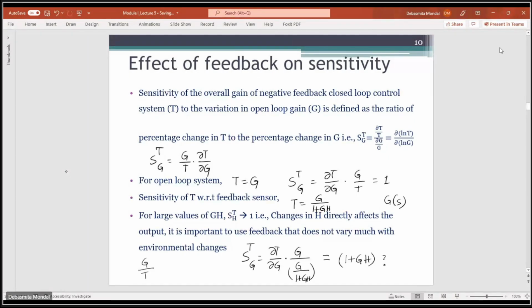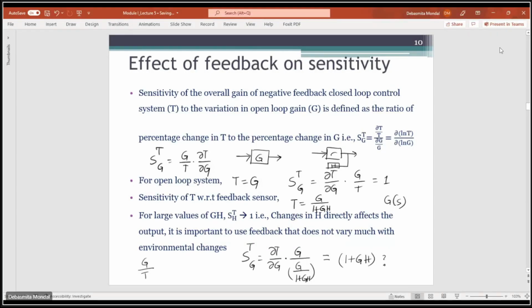Why is G by T 1? Because the value of T is not equal to G. The value of T is equal to G only if the system is an open loop system. When you have a closed loop system, the overall transfer function is something else.